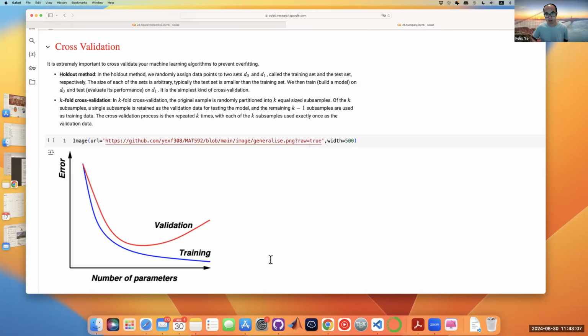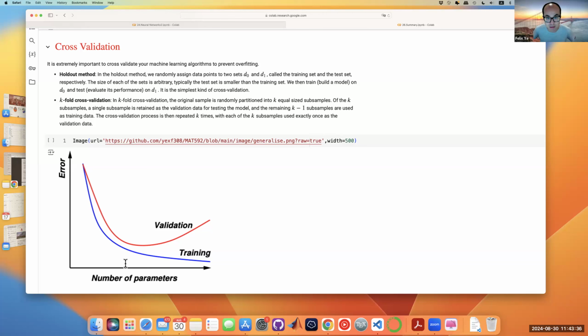However, the validation or testing error will start to increase after a certain number of parameters. From this picture, everything in this region will be underfitting and everything in this region will be overfitting. So there will be a spot right here, the optimal number of parameters, that minimizes the validation or testing error.